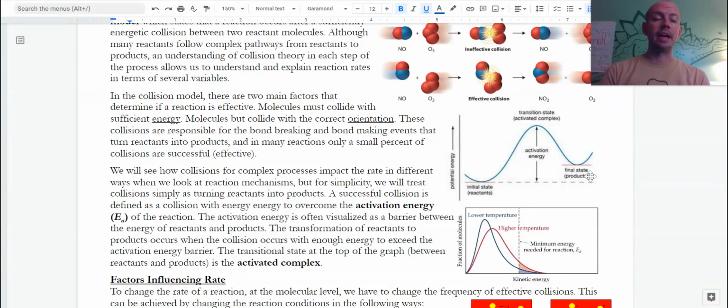We will talk about endo and exothermic reactions and describe them based upon where our reactants are starting or ending. But regardless of that, there is an energy barrier or a hill that we have to overcome. That is the energy needed to collide those two molecules so that they break and make the bonds and actually turn into products.